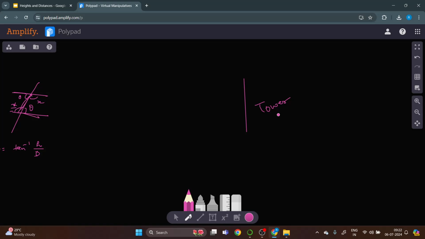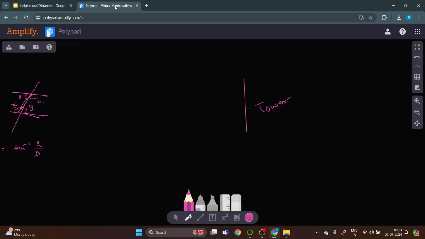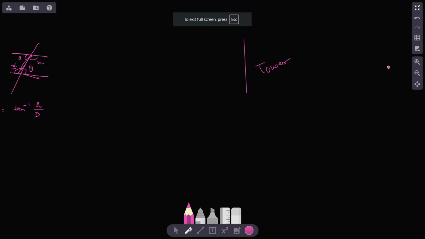And the sun's altitude, what does it say? It is saying that when the sun's altitude is 30 degrees, the shadow is 40 meters longer than when it is 60 degrees, which means that there must be a shadow formation when the sun's altitude is 60 degrees, right?